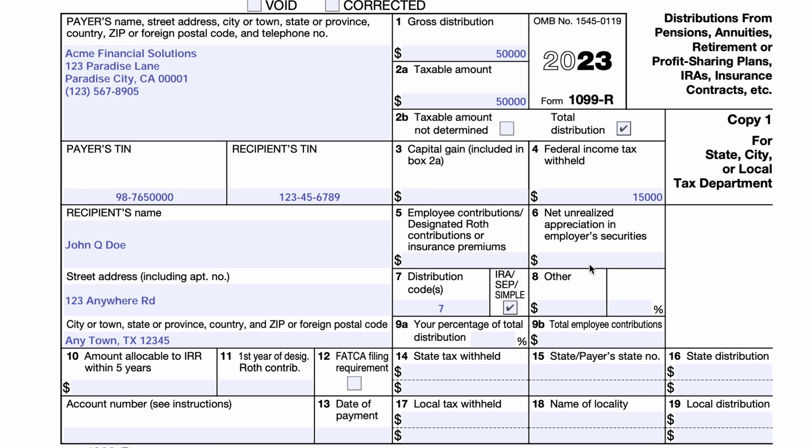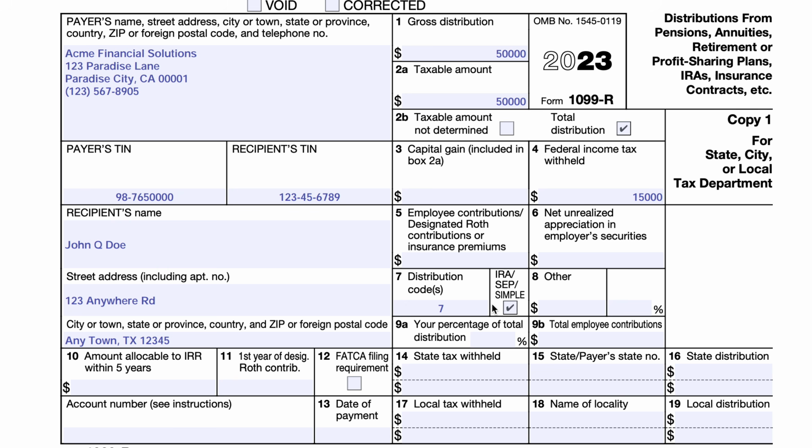For example, if you had shares of your company's stock in a profit-sharing plan of some sort, then you would see some amount of net unrealized appreciation in those, either stock options or restricted stock units. So if this is a lump sum distribution, then you would see all of the net unrealized appreciation show up here. If it's not, then it would only be the NUA attributable to your contributions.